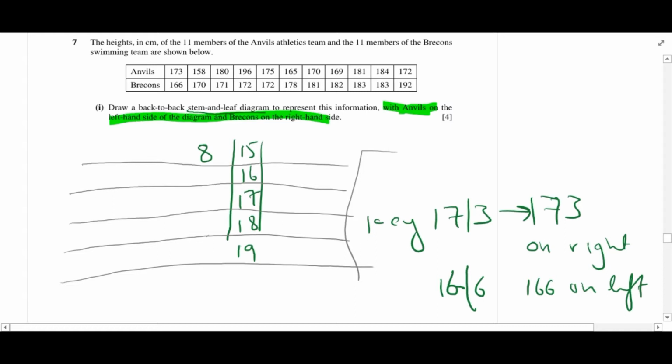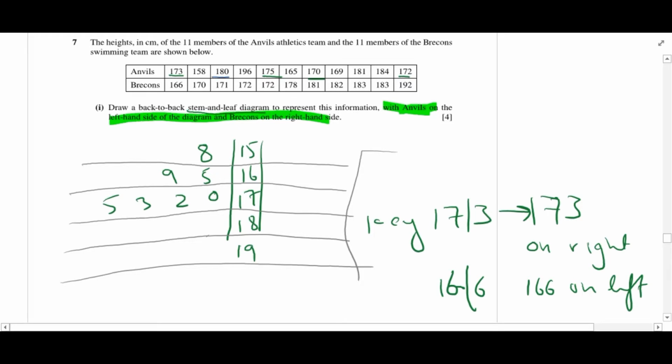There is only one leaf, so this would be 158. And let us go for 16 as well. 16 is 165, 169, only two entities. So first 5, then 9. In 17 we are given 173, 175, 170, 172. So it will be 0, 2, 3, 5.